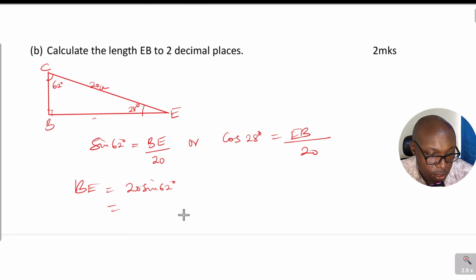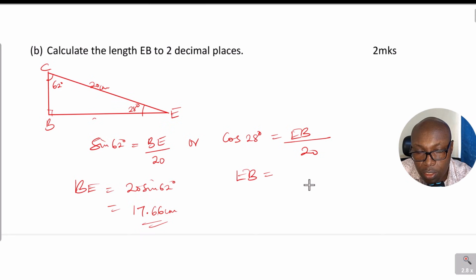So that gives 17.66 centimeters. Let's try whether we get the same answer for cosine. So EB is equal to 20 cosine of 28 degrees when you multiply both sides by 20.